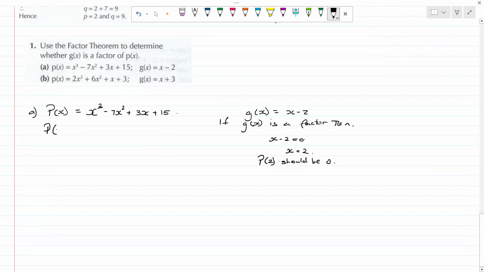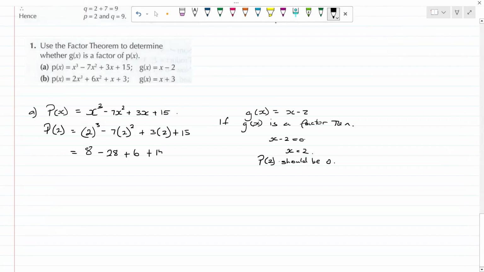So p of 2. So we get 2 cubed minus 7 by 2 squared plus 3 by 2 plus 15. 2 cubed is going to give us 8. 7 by 4 will give us 28. 3 by 2 will give us 6.